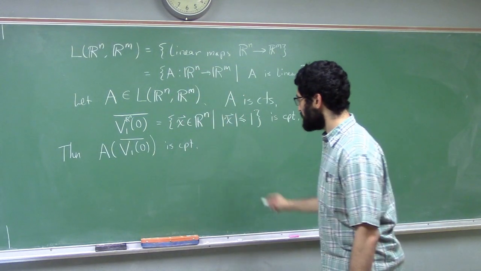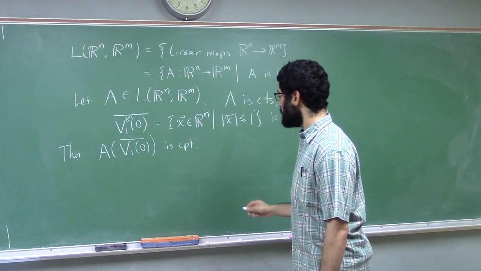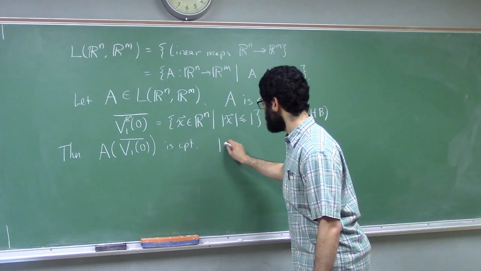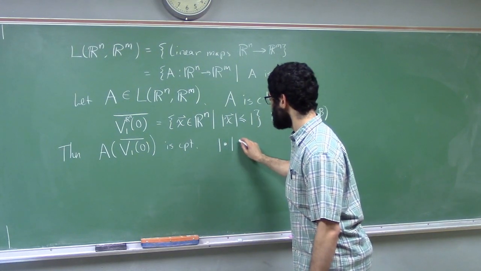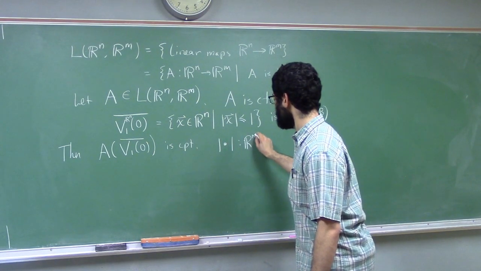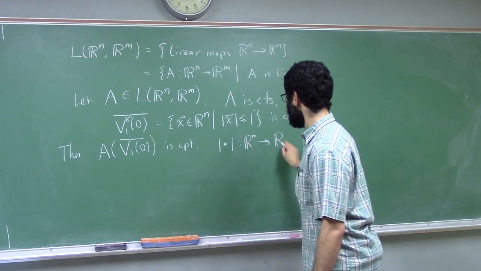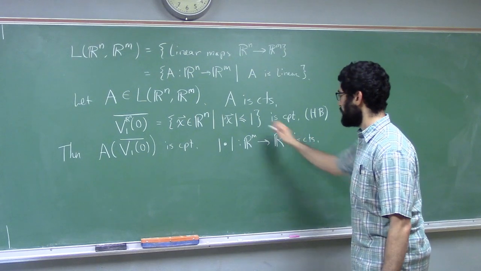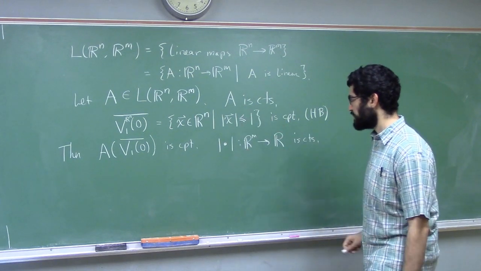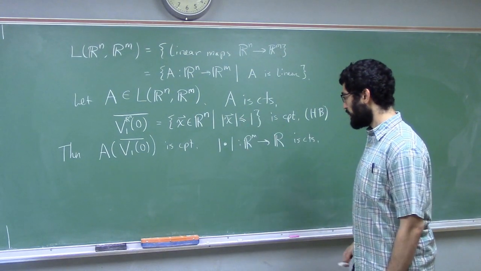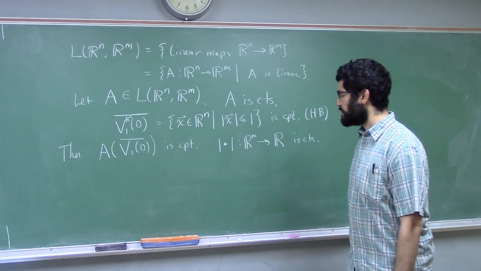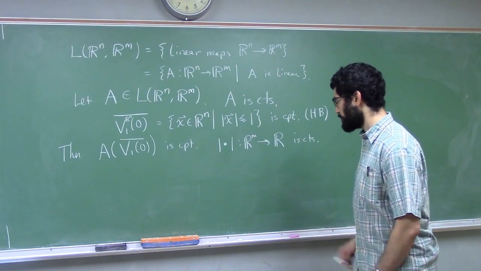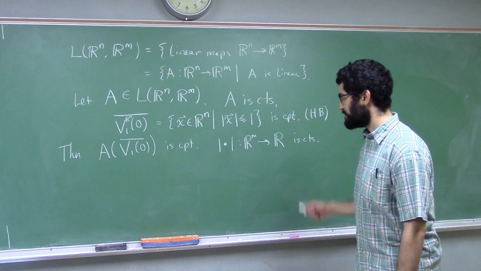And actually, there's a function that takes norms of vectors in Rm. That function is continuous also. So A is continuous, but also this norm function is continuous. And that's pretty easy to prove. I don't know if we've ever had that as a homework problem, but if not, it will be one.